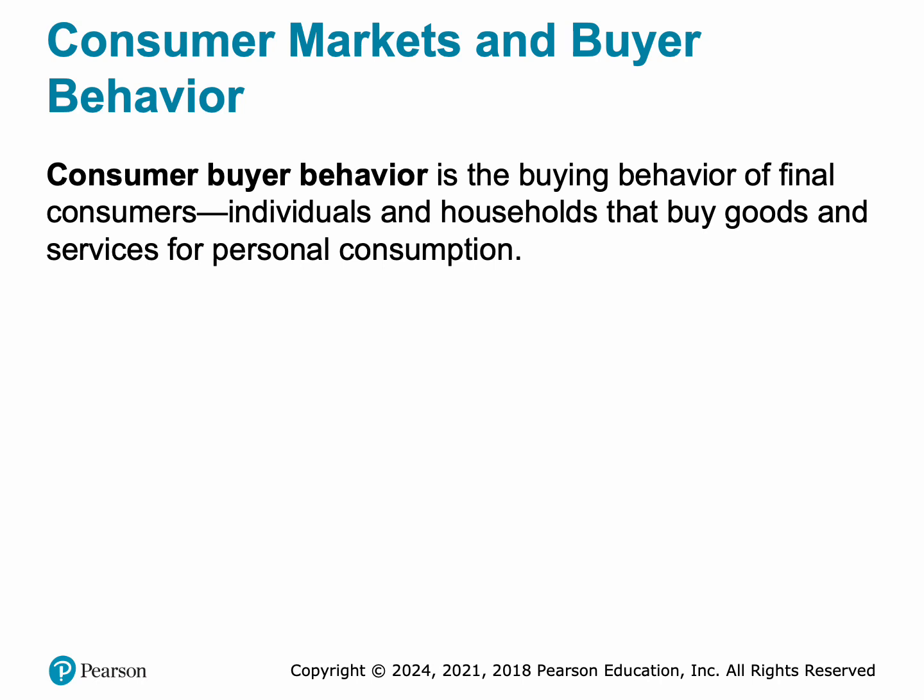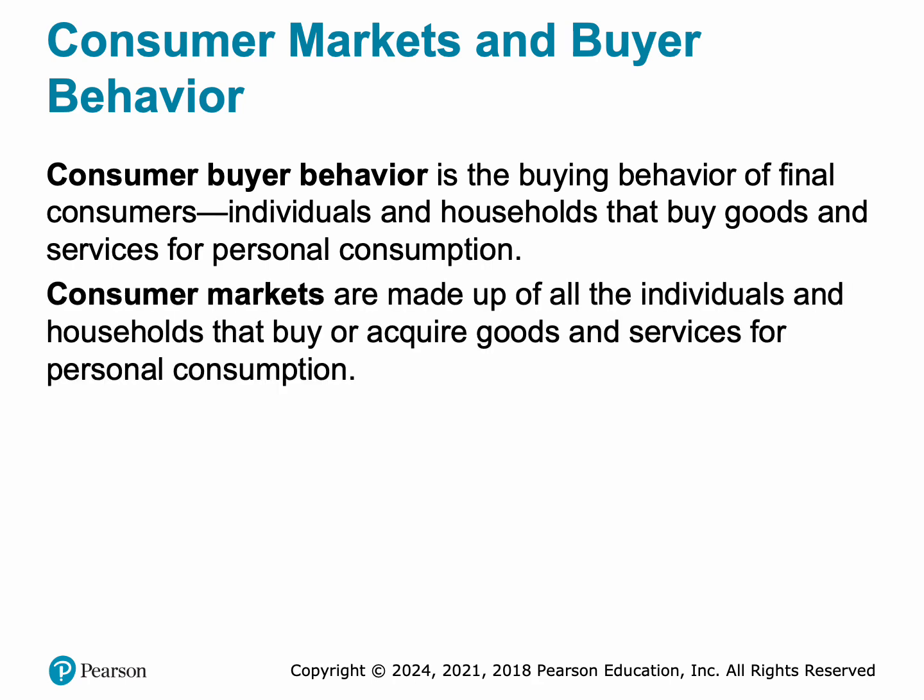So when we talk about consumer buying behavior, it's really defined as the buying behavior of the final consumer. You, when you're at the cash register, right? In a Walmart, a Target, etc. Personal consumption goods. Then there's consumer markets. These are made up of all the individuals and households that buy or acquire goods and services for personal consumption.